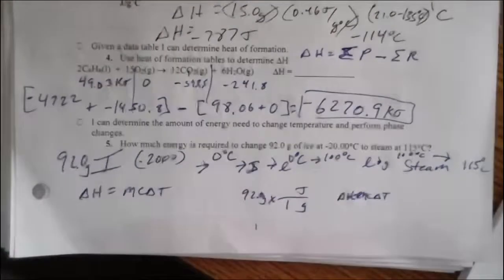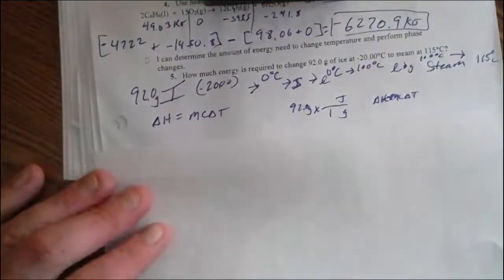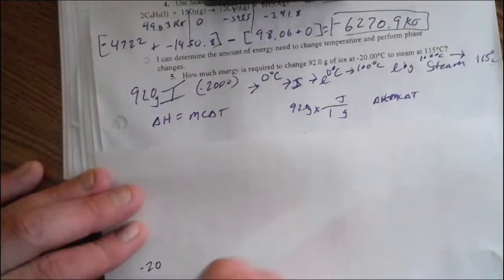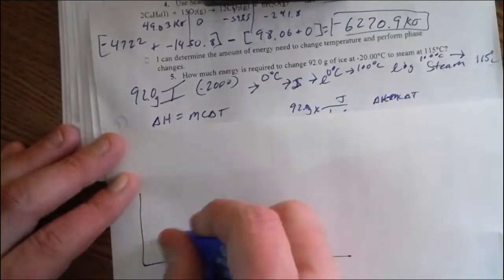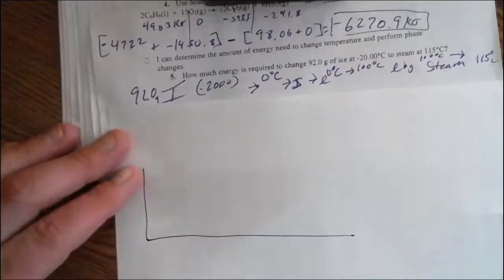This problem is the longest type of problem. So I'm going to get a nice big piece of paper. If we recall, what we're going to be doing here is starting at negative 20, right? Let's call this 0.